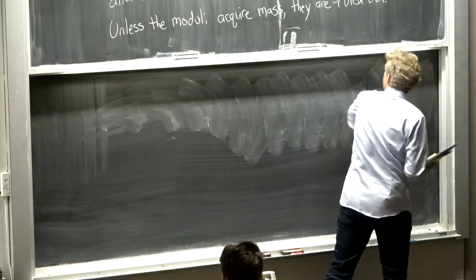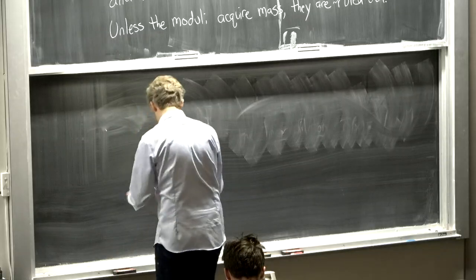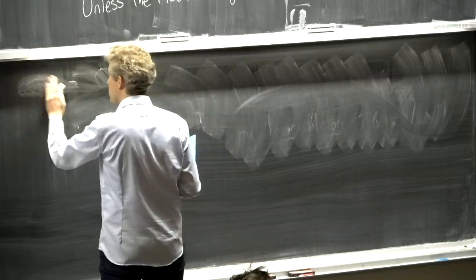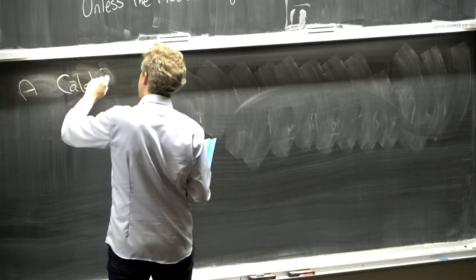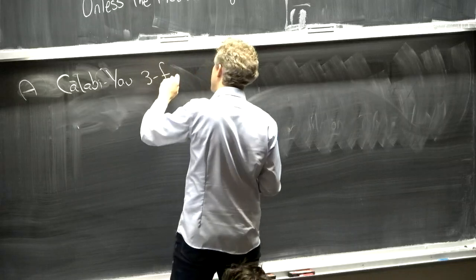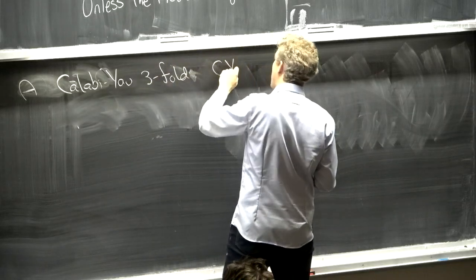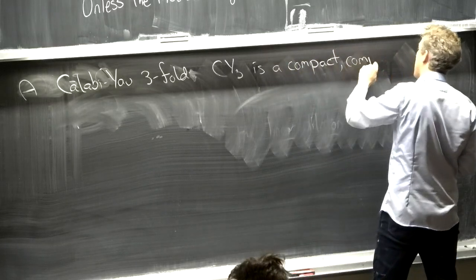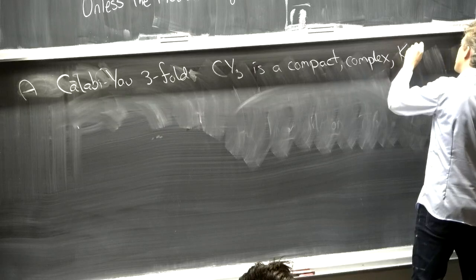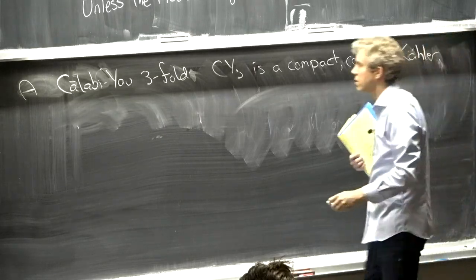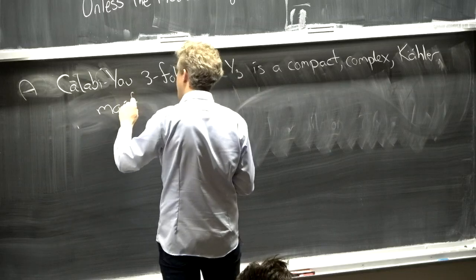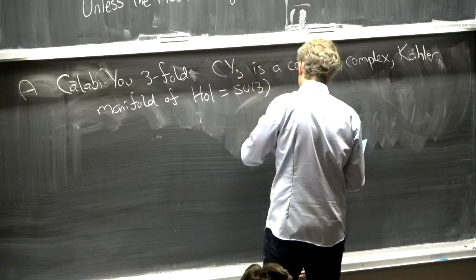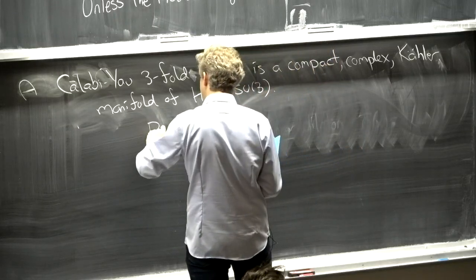So let's just talk about Calabi-Yau threefolds for a minute. A Calabi-Yau threefold, which we'll denote CY3, is a compact, complex, Kähler manifold of holonomy SU(3), and it has some properties.